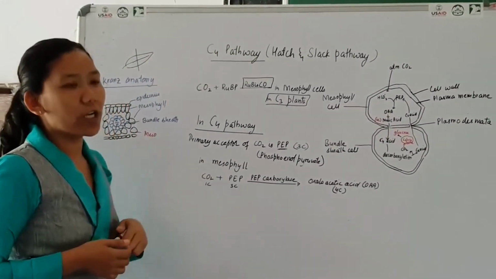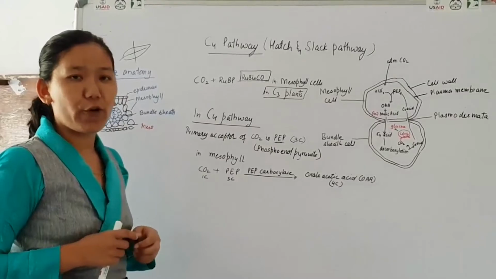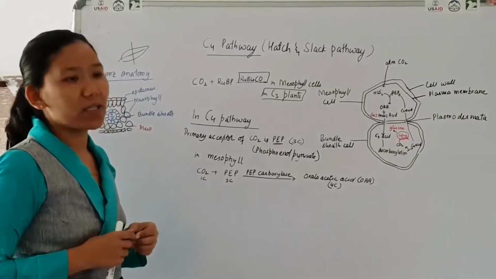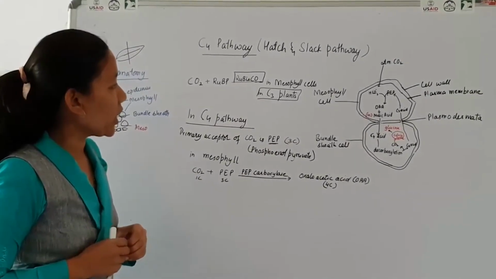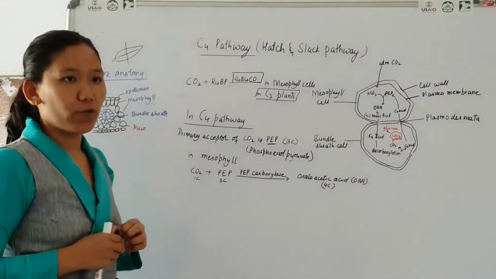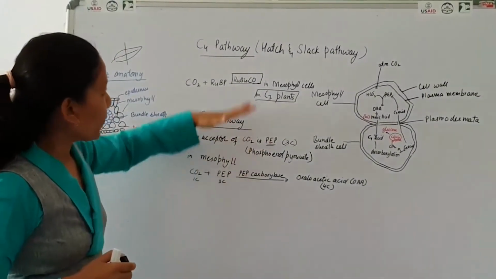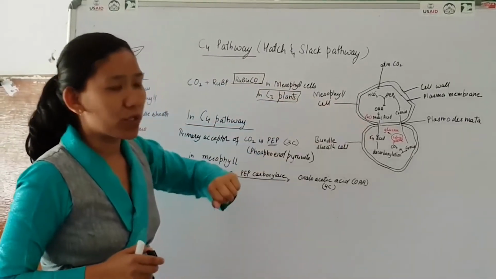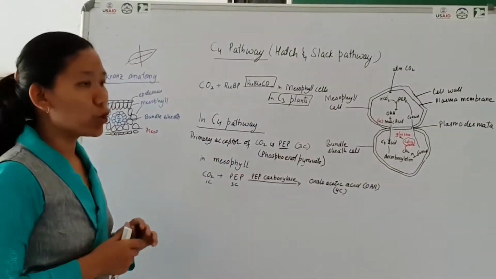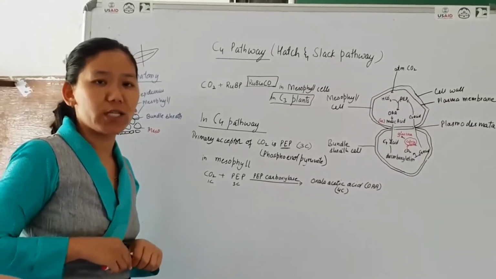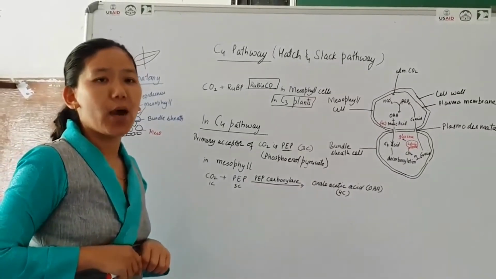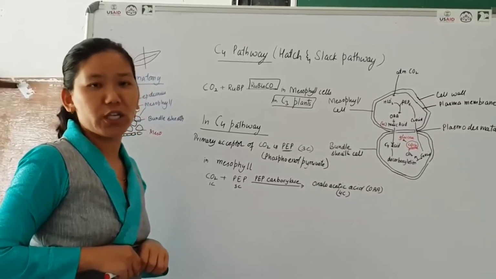Okay, so in an earlier class we learned that the plant may suffer from photorespiration, that is the loss of carbon dioxide, and again there is no synthesis of glucose, but here you can see that the loss of carbon dioxide is reduced. How? Earlier, rubisco acted as oxygenase. Instead of fixing carbon dioxide, it fixed oxygen.